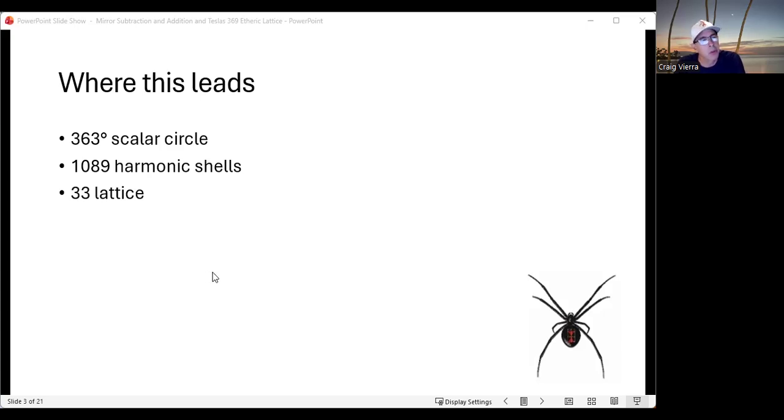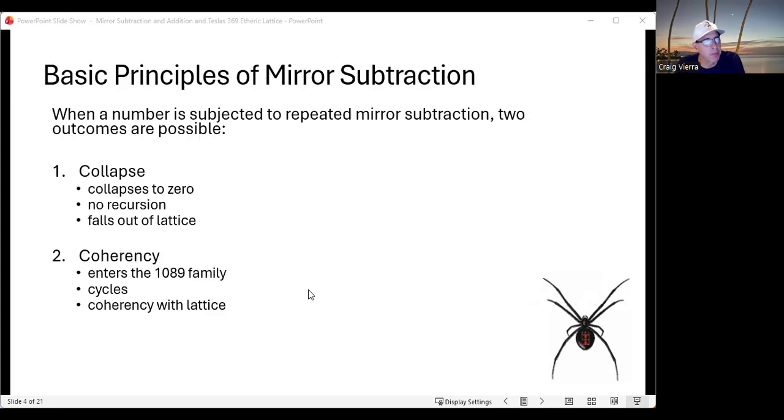Through the mirror subtraction, I identified a family of numbers, and they're harmonic. They're going to be called the 1089 harmonic shells. They're very fascinating, not only from a number standpoint, but from a harmonic, geometric, whole number perspective. Then this led me to what I refer to as the 33 lattice, which you're going to see is the actual structure of the etheric grid.